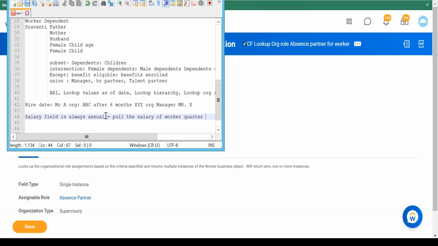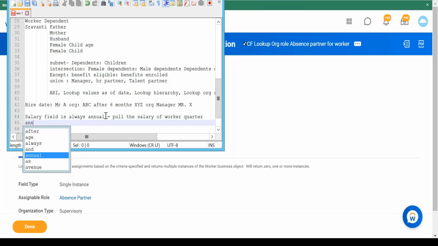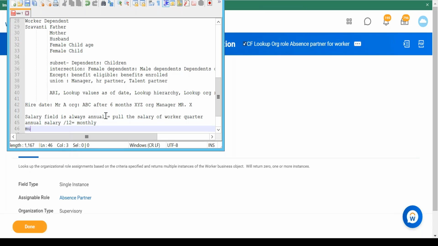There are two ways of doing it. Either you divide the annual salary by 12 first to get the monthly salary, and then multiply it by 3, because there are 3 months in a quarter.